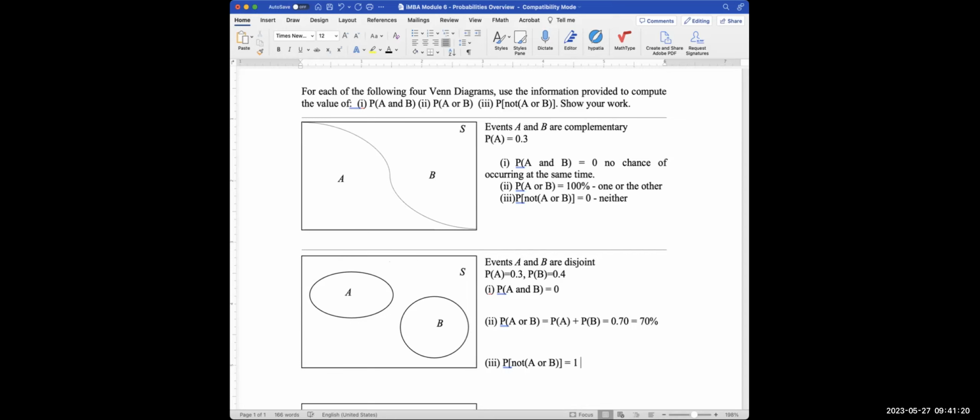Not A or B is 1 minus the probability of A or B. So that's going to be 30%. So I'll write 30%.